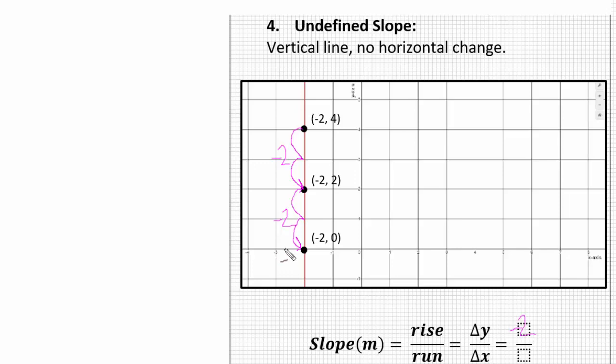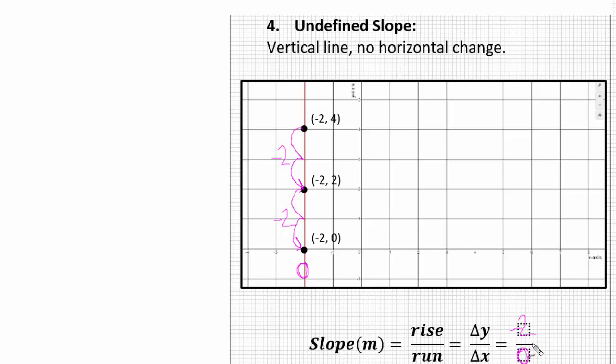But what is our horizontal change, our change in x? Well, they're all stacked on top of each other, so there is no change. So in this case, it's the horizontal change that is 0. It's not moving left or right at all. So far we have our slope written in as negative 2 over 0 as our rate of change.